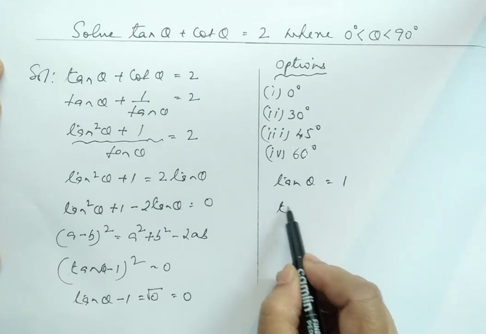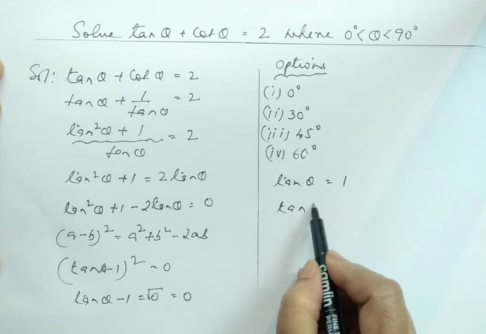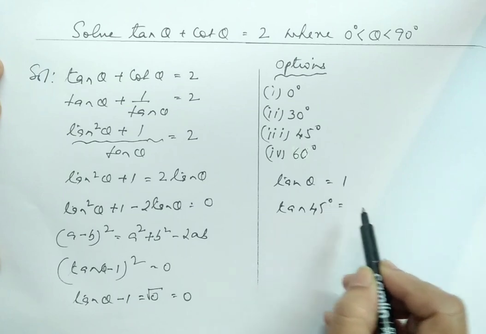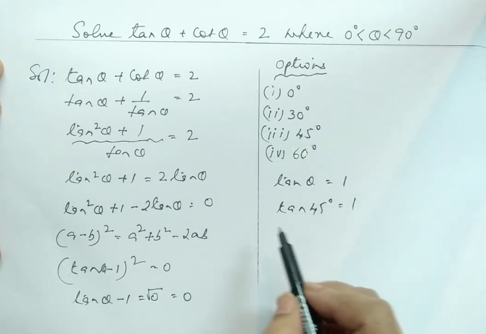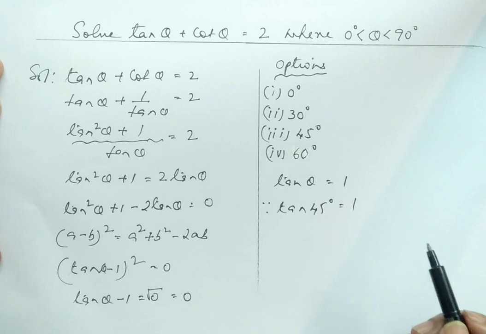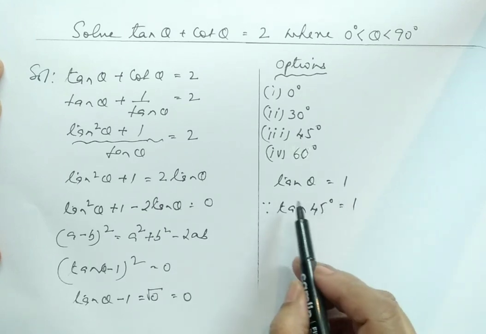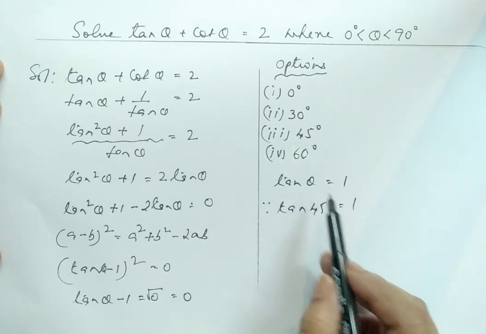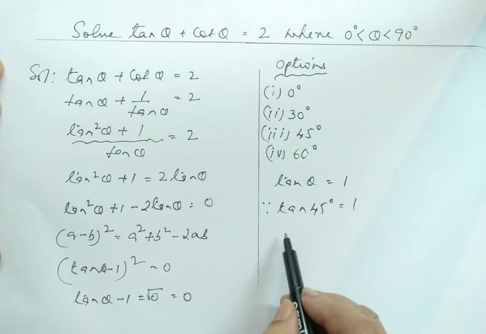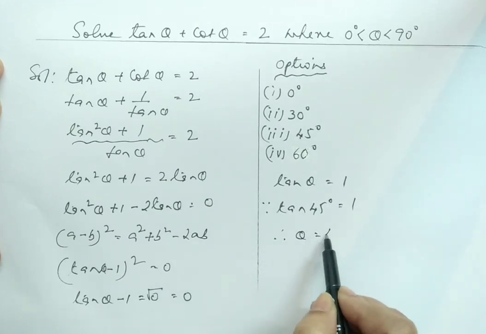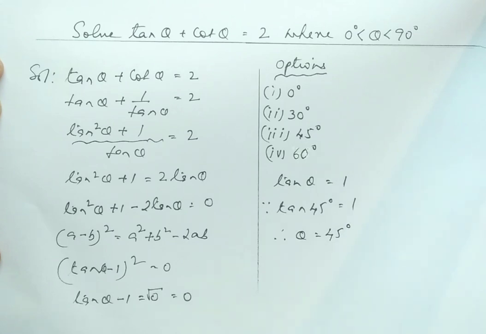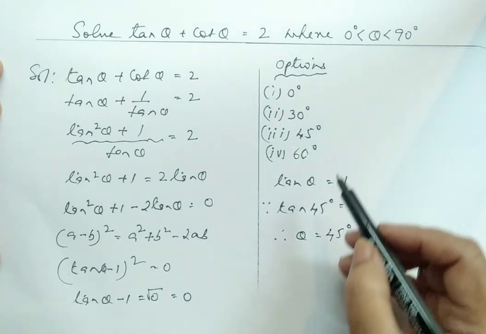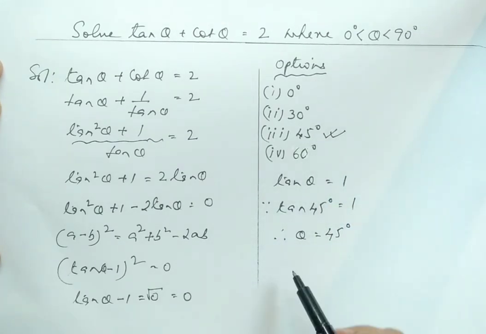So we know that tan 45 degrees is equal to 1, which means what? That if we try to compare this equation with this, we find that therefore our theta should be equal to 45 degrees, which means option 3 is the correct answer.